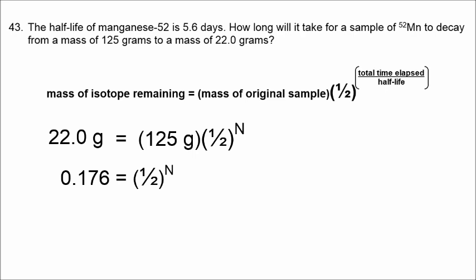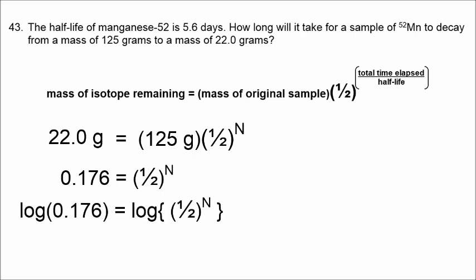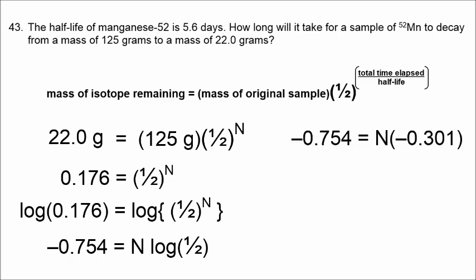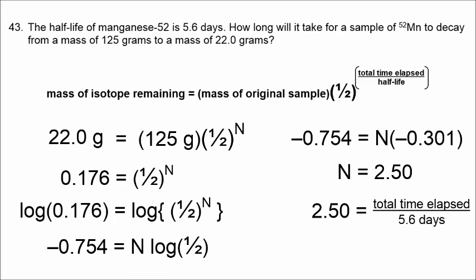So after I did 22 divided by 125 and I got 0.176, I take the log of both sides, and then that gives me negative 0.754 on the left equals N times the log of 1/2. Negative 0.754 equals N times negative 0.301, and when I solve for N I get 2.5. Now if that equals the total time elapsed divided by the half-life, which is 5.6 days, the total time is 5.6 times 2.5, which is 14 days.